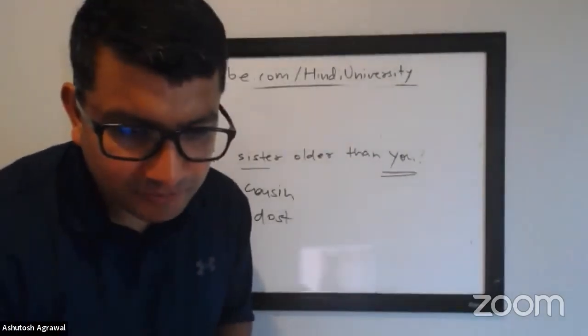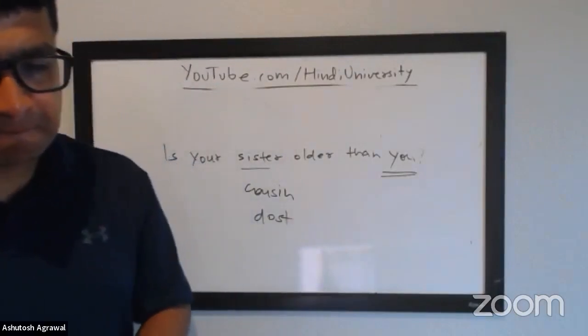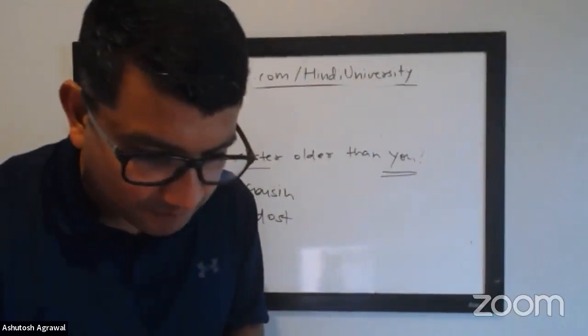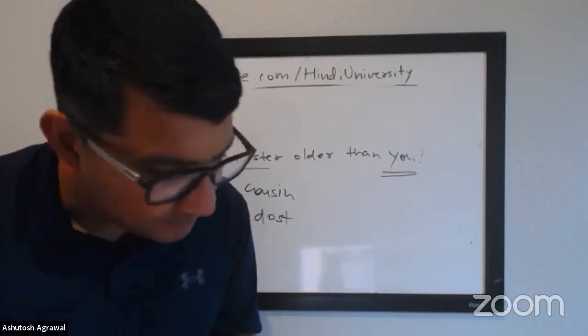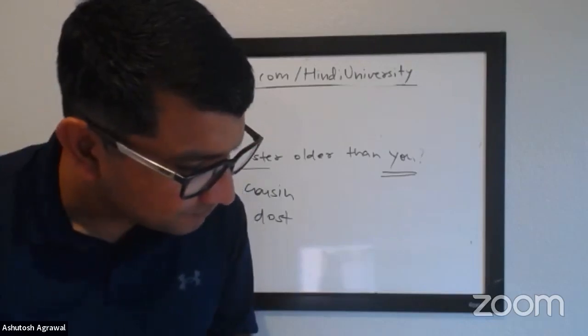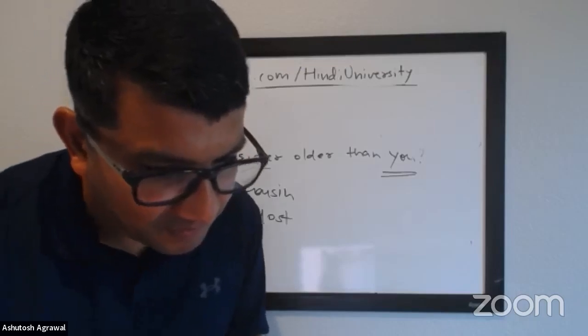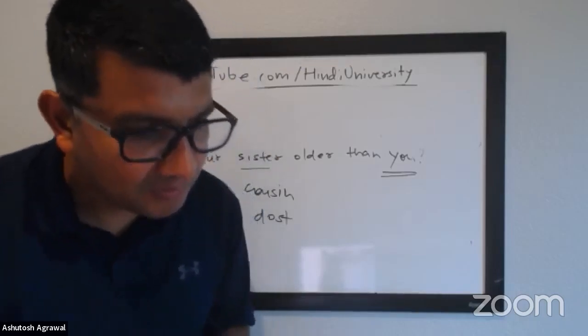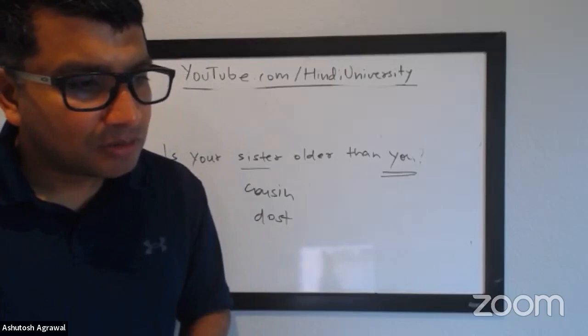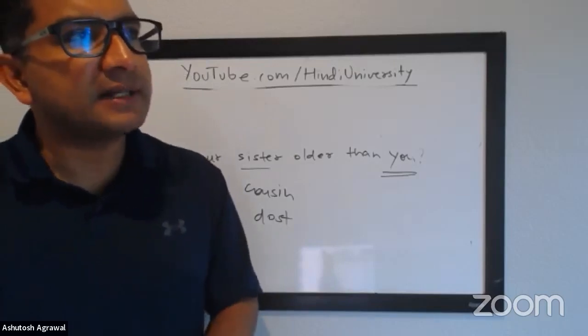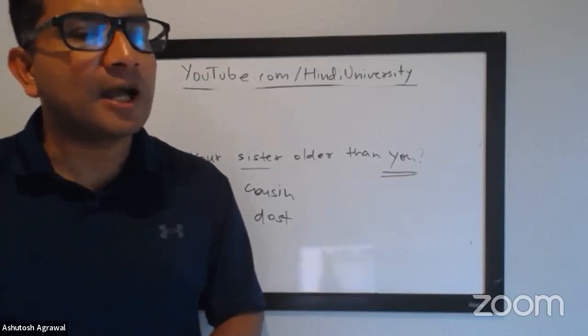Himani ji has a question in the meantime. Yes, I was just wondering about this aur, because I think I tend to use aur in these sentences. But is it always wrong, or are there some comparing sentences where it is correct? So if you were to say the sentence, you would say, क्या आपकी बहन आपसे और बड़ी है?